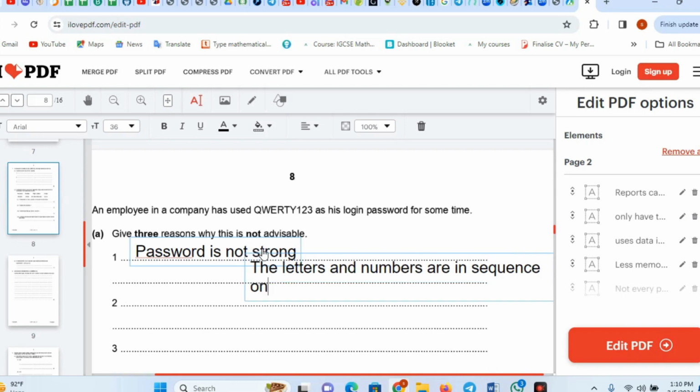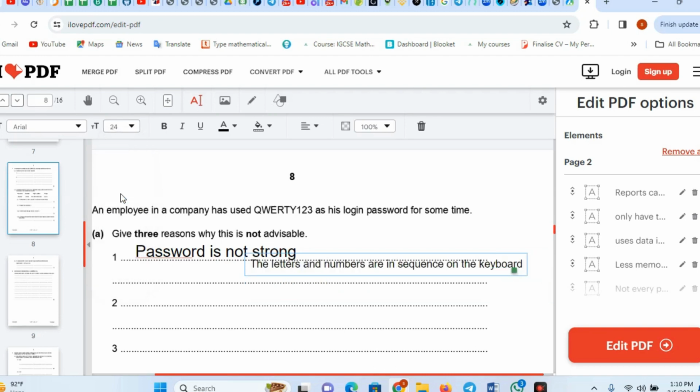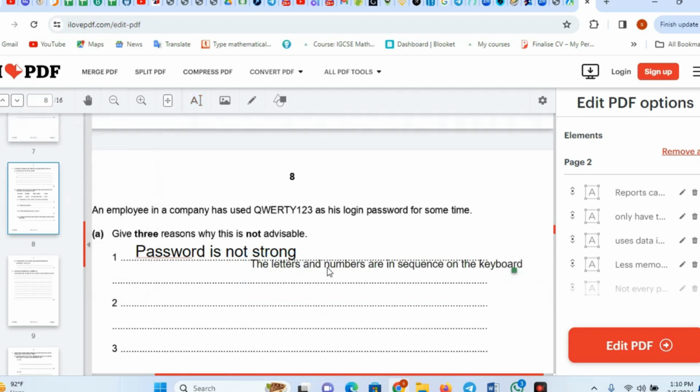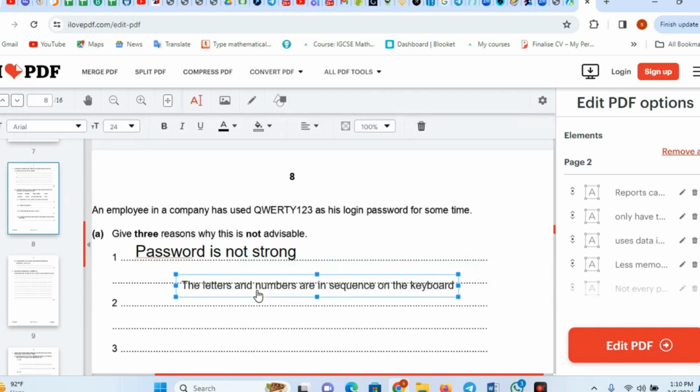On the keyboard. So you see, anybody can just get to the keyboard, type that, and voila, they are in. They get the password. So it is not a preferable password. It is not advisable to be used.